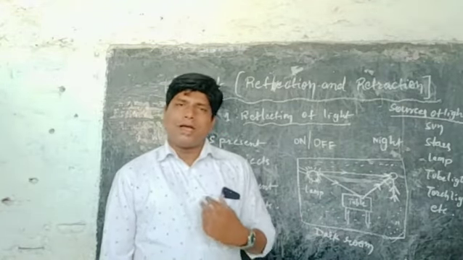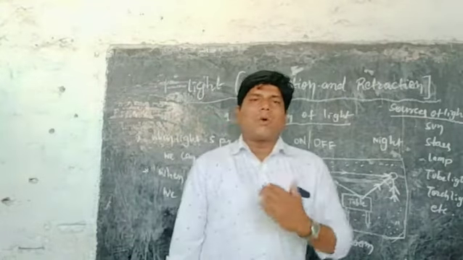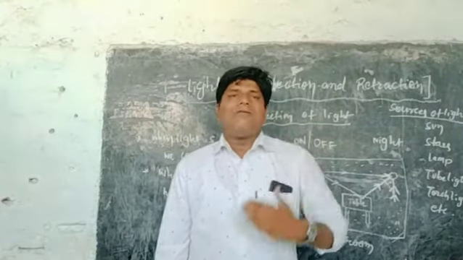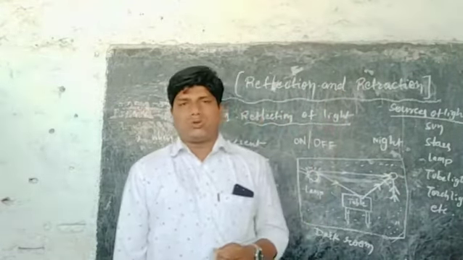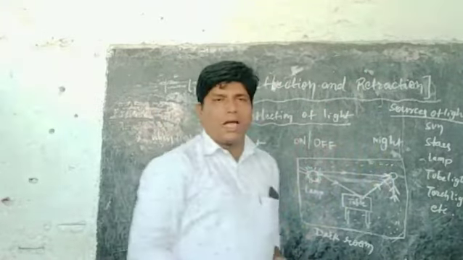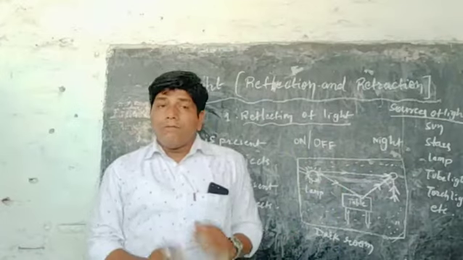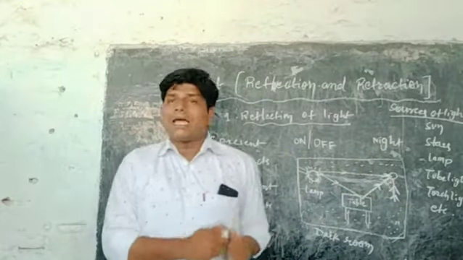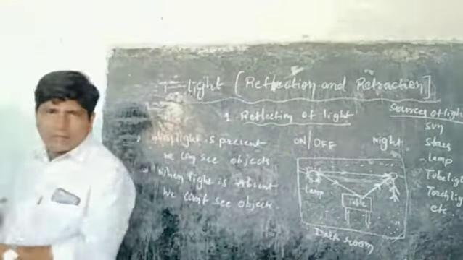These are all non-luminous because they do not have their own light. They reflect the light received from different sources. So we put aside this example and discuss a classical example. Let us see what the classical example is.